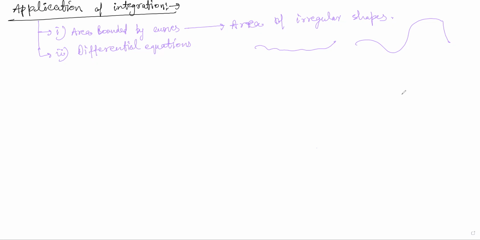So while designing these shapes, you need to find out the area of these shapes. So my question is, how did we even find out this area? Let's say the area of a rectangle is length into breadth. But how did we come to that point? And the answer to that question is integration.